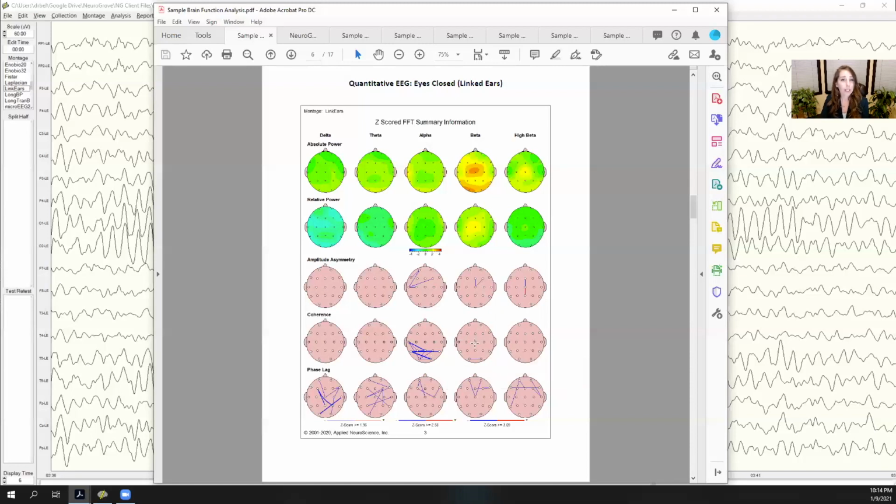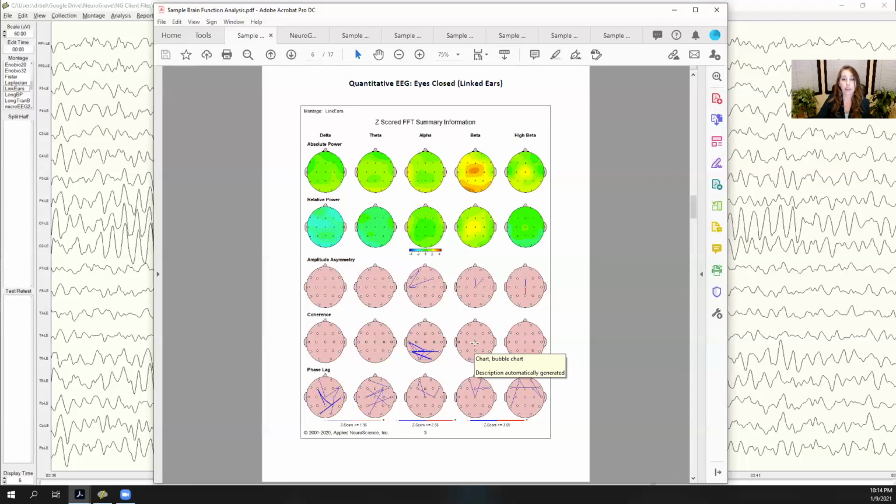Normally we think of connectivity as a really good thing in the brain. However, if you have too much coherence between brain regions, it often indicates that at least one of those brain regions is not operating the way that it's supposed to. It's not able to operate independently enough and is having to recruit help from other brain regions.